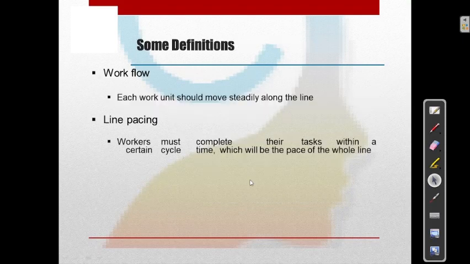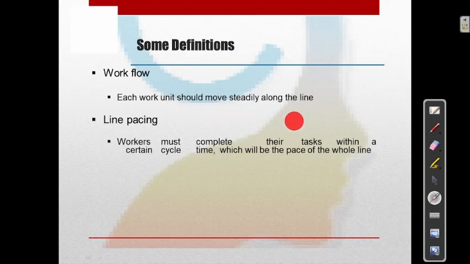Then the definitions of some main terms involved in assembly stations. The first one is workflow. What is meant by workflow? Each work unit has to move from one place to another. Each work unit should move steadily along the line.